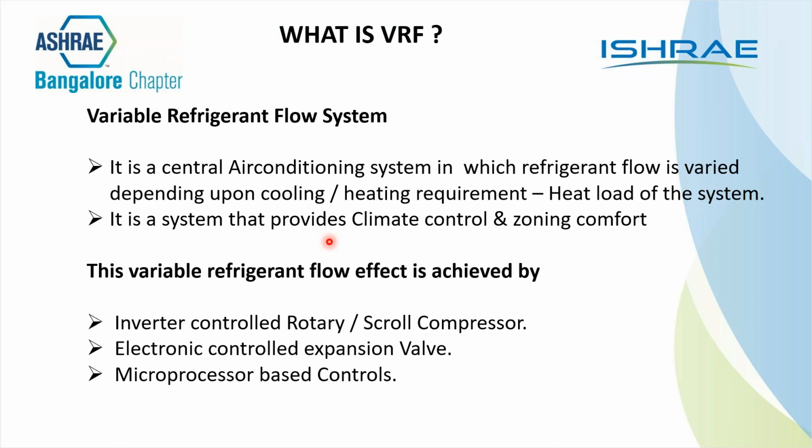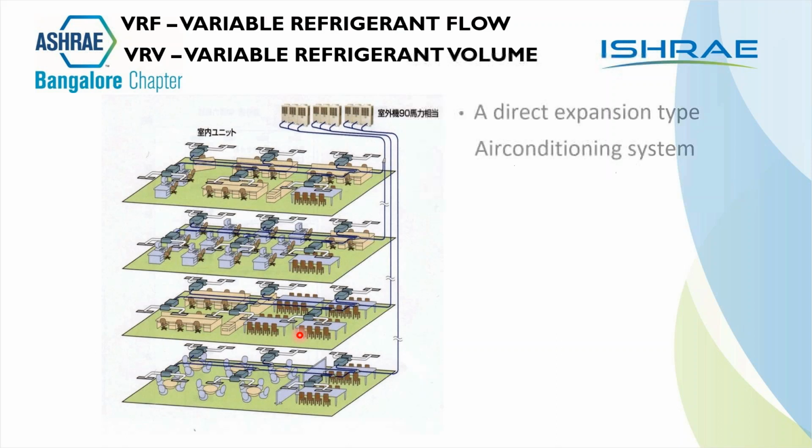This variable refrigerant flow effect is achieved by an inverter controlled rotary or scroll compressor and an electronically controlled expansion valve, and the communication between these two is provided by microprocessor based controls. Please note the microprocessor based controls also play a very, very important role here, because you need to have constant communication between the compressor and the expansion valve, by which the variable refrigerant flow takes place.